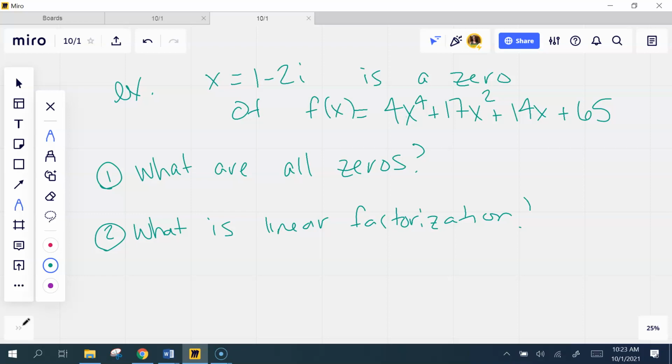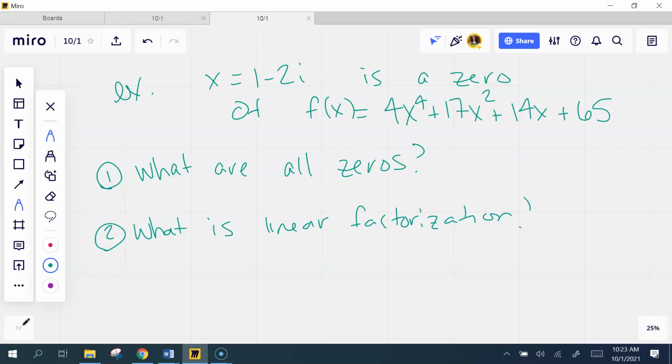Still a zero though, so do the theorems still hold true? Yeah, they do. If I have a zero to start with, how do I find the other factors or the other zeros? I could do long division to get there.